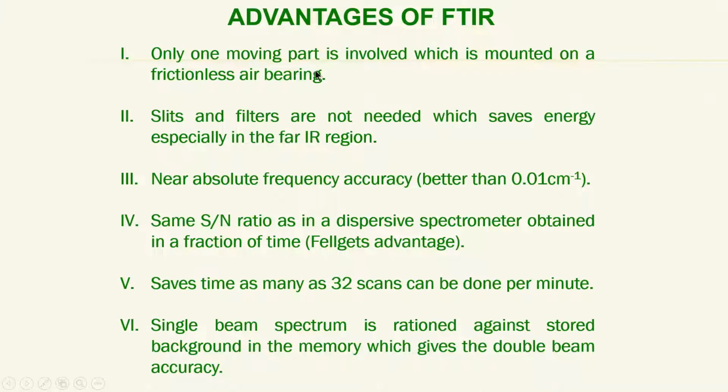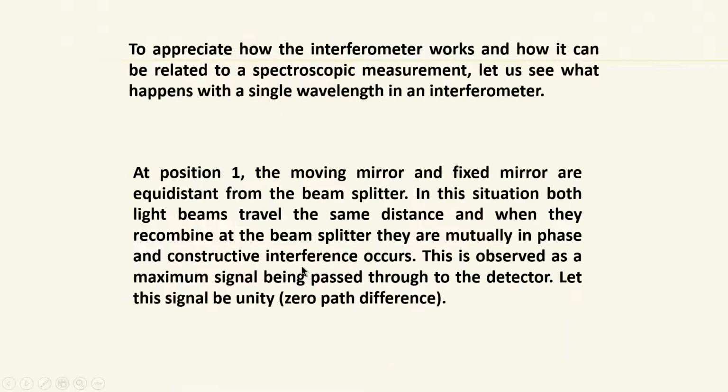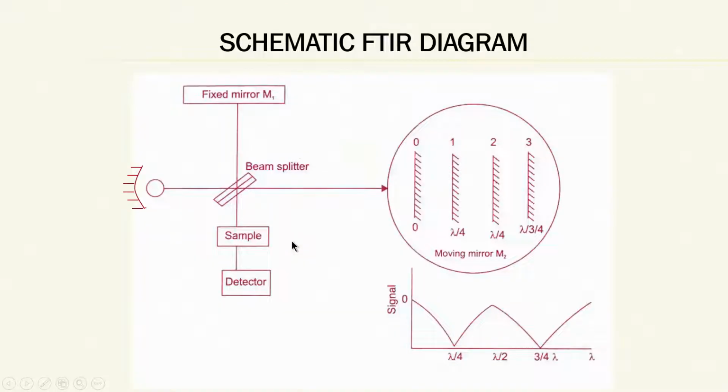That is, only one moving part is involved and things like that. One is near absolute frequency accuracy, one more advantage. Another is signal to noise ratio, that is Fellgett's advantage, and there are other advantages which I had listed here. And then I had explained to you how the FTIR functions, the theoretical basis.